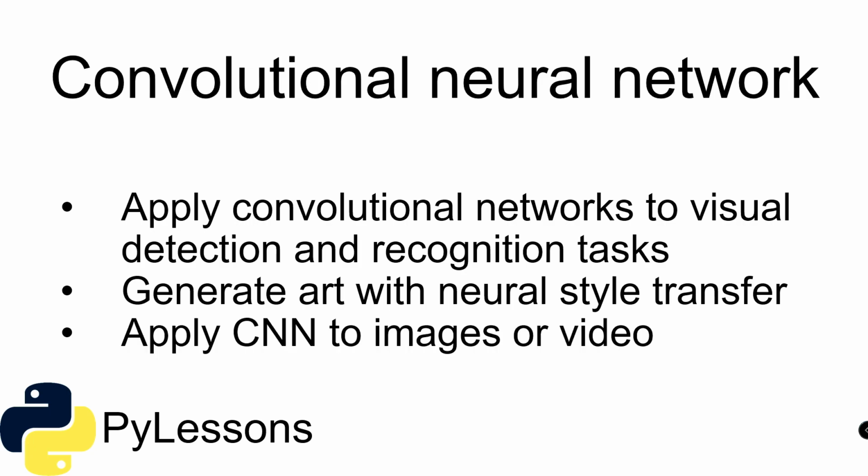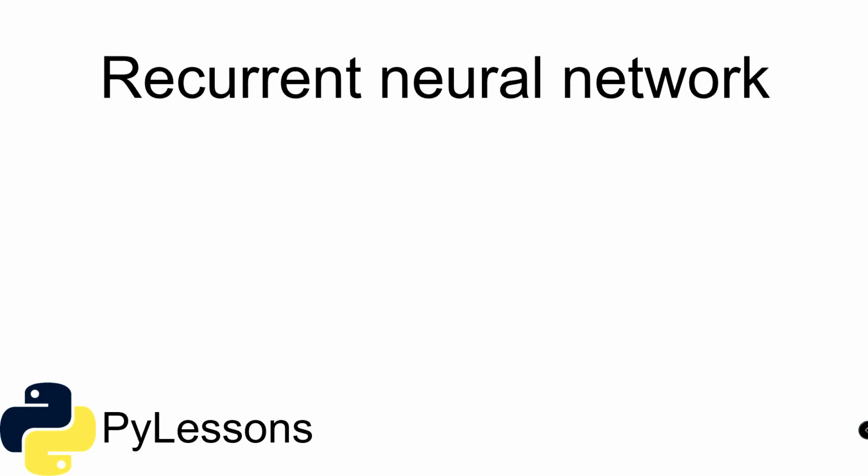We'll learn how to use neural style transfer to generate art from different images, videos, and so on. We will learn how to apply these algorithms to a variety of images, videos, or other 2D or 3D data.